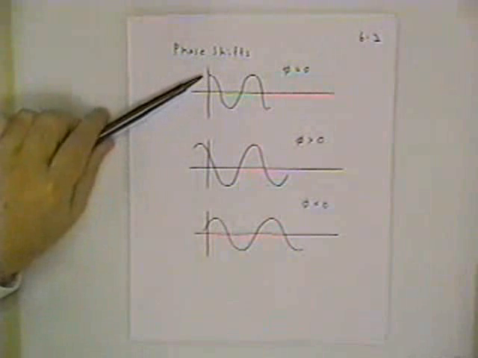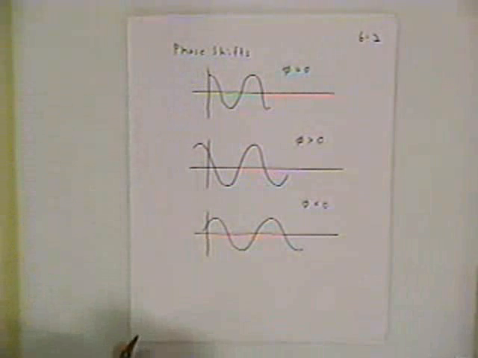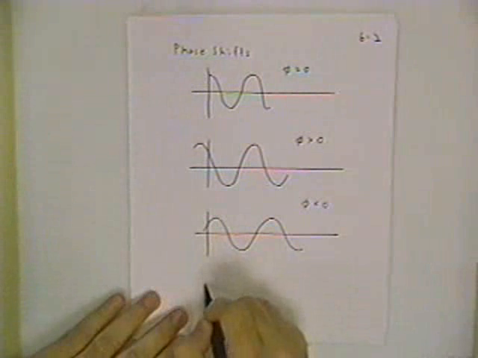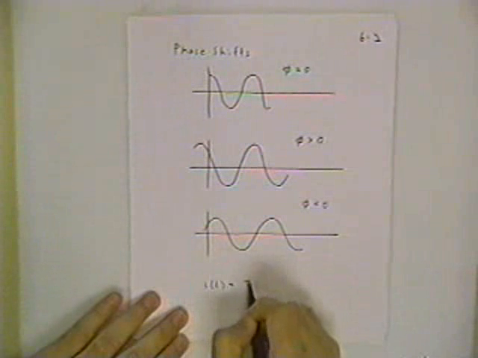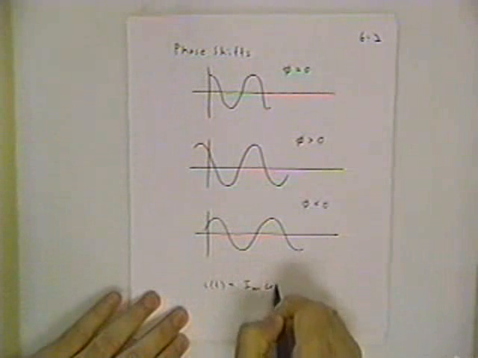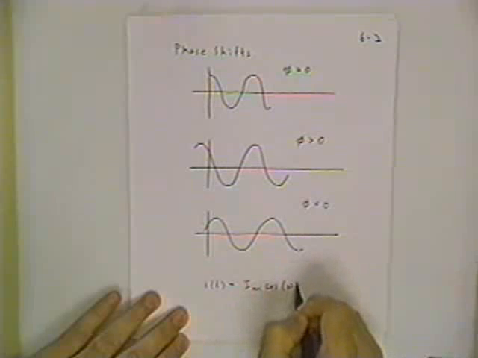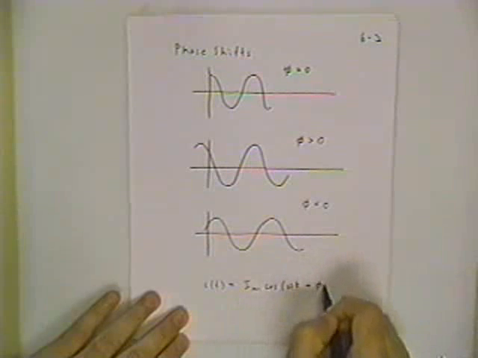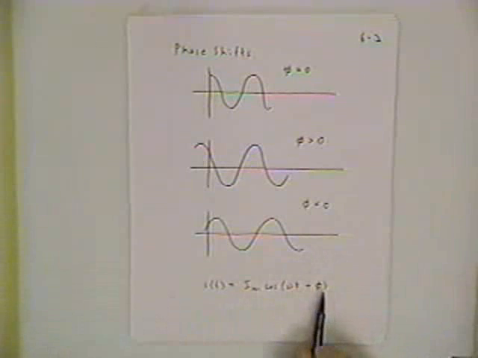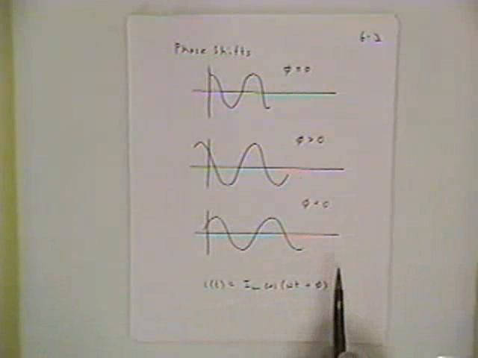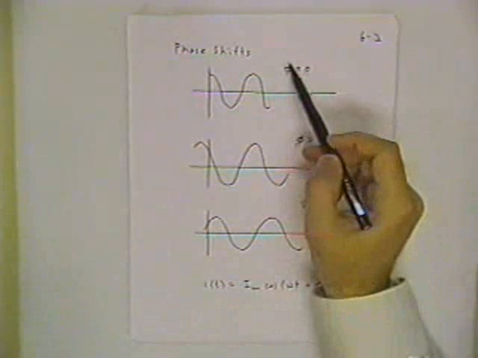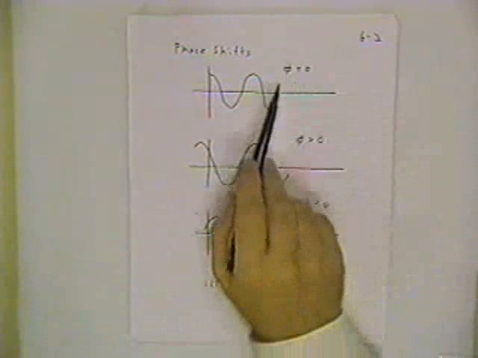Here we have a phase shift of 0, and in each of these you can imagine we're looking at something like i of t equals I magnitude cosine omega t plus phi, where little phi is the phase angle symbol. It's not to be confused with capital Phi, which we used for magnetic flux. Lowercase phi, you don't put the serifs on the top and the bottom.